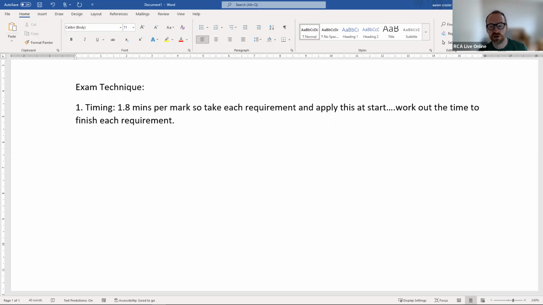Or I would probably zoom in a little bit on that and say, I want to have the first section of short form questions done by this time, and then the second section done by this time. And then when it comes to the longer questions, break that down into each requirement.